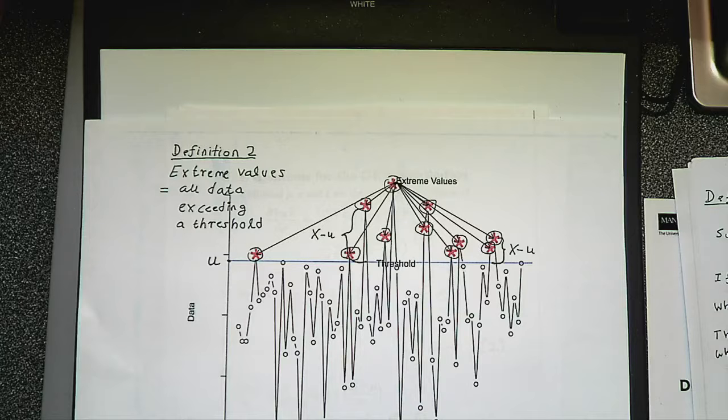So for example, if you have stock data, say for the last 100 years, you can pick up the largest stock value in every year. That will constitute, under definition 1, an extreme value, right? So for the last 100 years, you will have 100 extreme values.